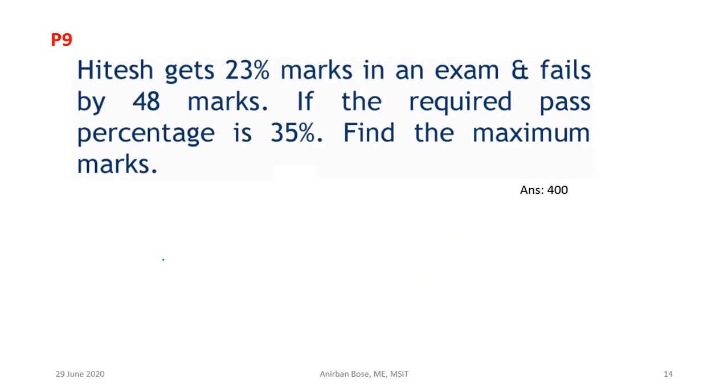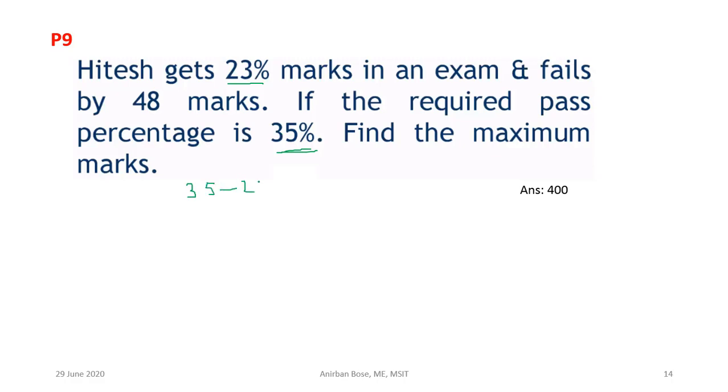Now coming to the next problem. Hitesh gets 23% marks in an exam and fails by 48 marks. If the required pass percentage is 35%, then find the maximum marks. So he got 23% marks and 35% is the pass mark. So he failed by how much percentage? 35 minus 23.